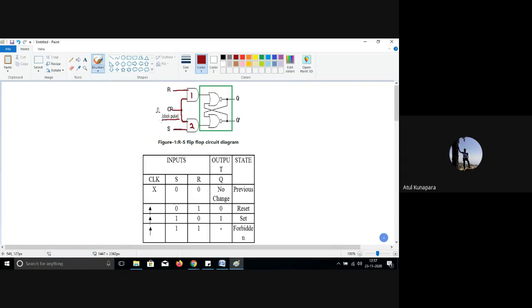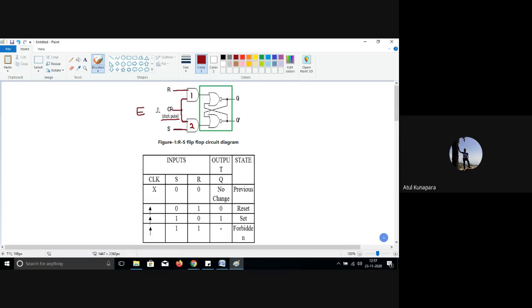This clock pulse is nothing but the enable signal. Enable signal means unless this clock signal is logic high, or logic 1, your inputs given to R and S will not be applied to your latch.